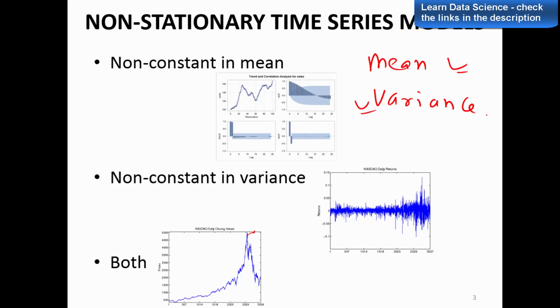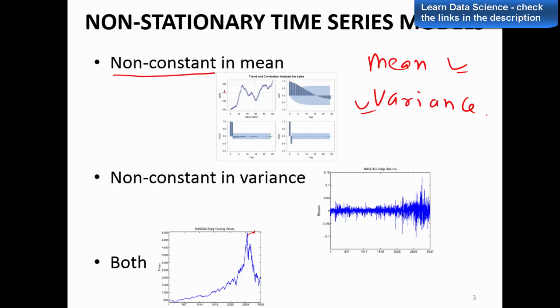So mean and variance have to be constant for a time series to be called a stationary time series. Sometimes the mean could be non-constant. So the first case of non-stationarity could come from the mean being non-constant.